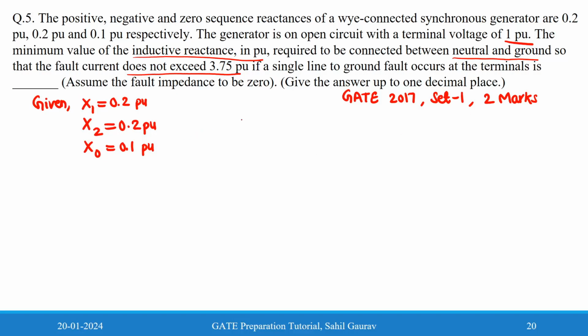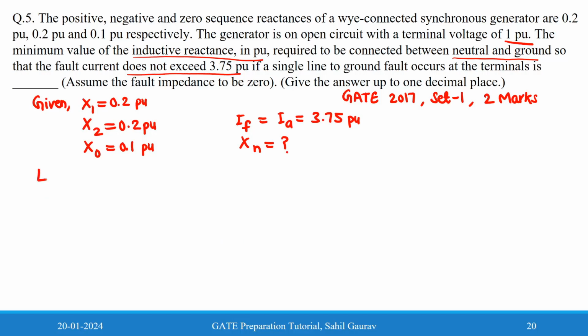So the fault current is limited up to 3.75 per unit, and we have assumed this fault is happening at phase A. It is asked what will be the inductive reactance that is connected with neutral and ground so that this fault current is limited to 3.75 per unit.